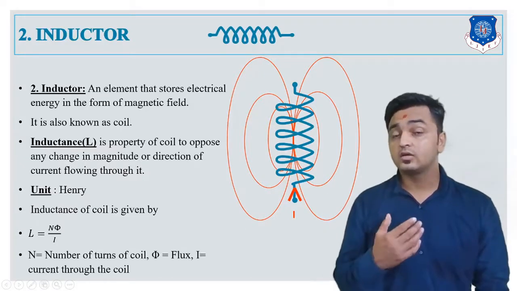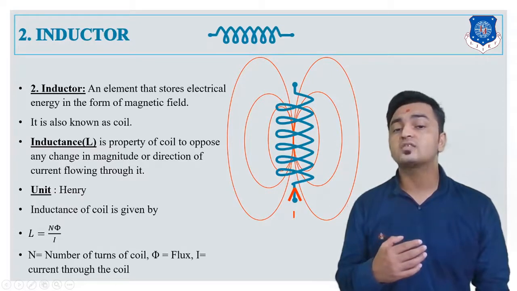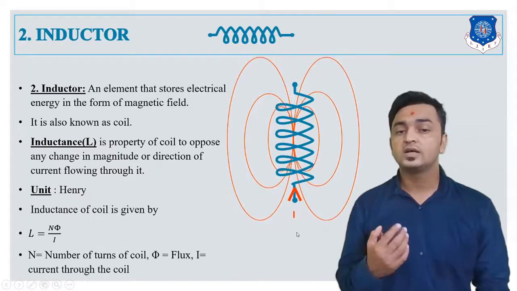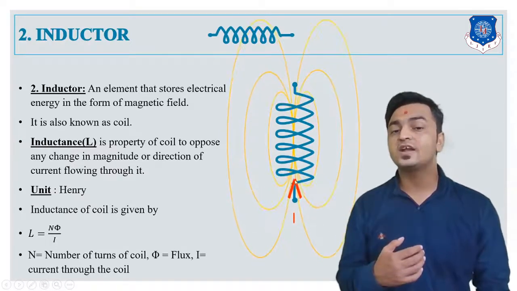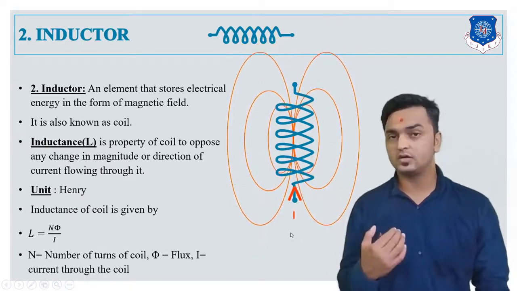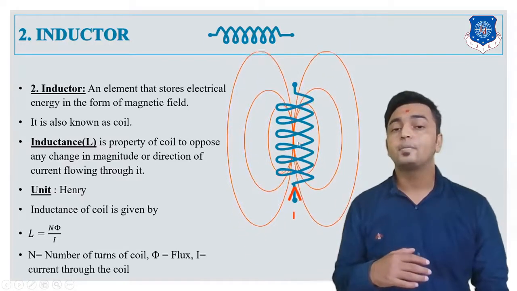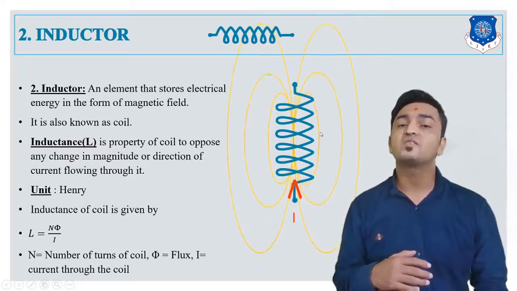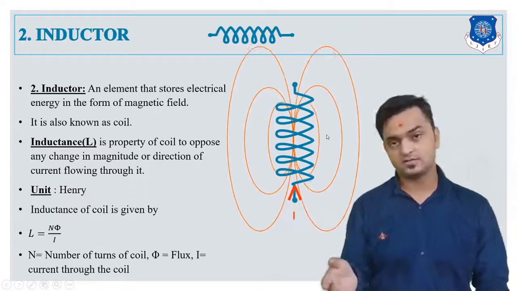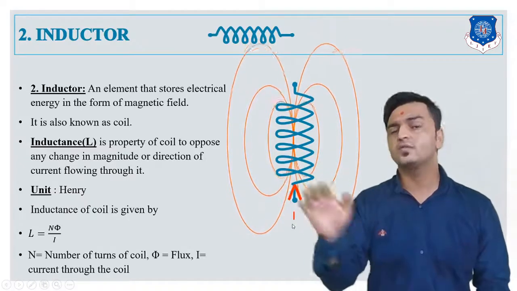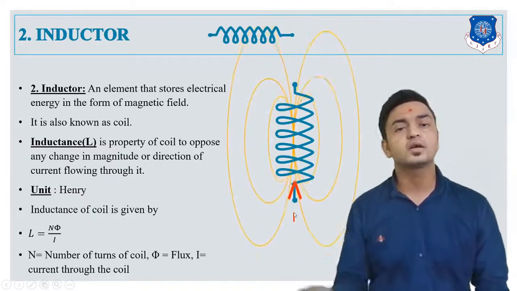If we change the magnitude of the current, increasing and decreasing it, we can observe that the magnitude of the magnetic flux also changes. If current is high, the magnetic flux will be high. If current is low, the magnetic flux will be low.